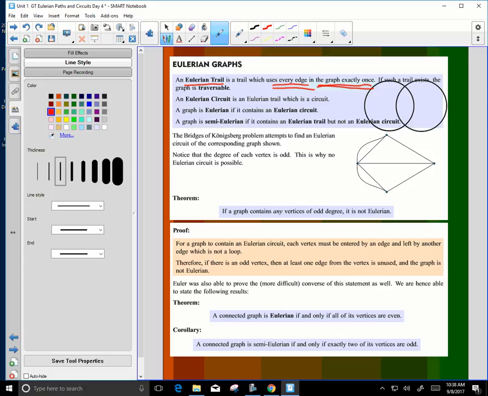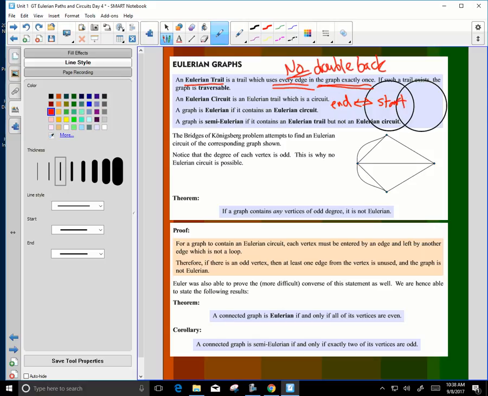No doubling up. No double back. Right? An Eulerian circuit is where you end up where? Where you start. Yeah. End where you start.